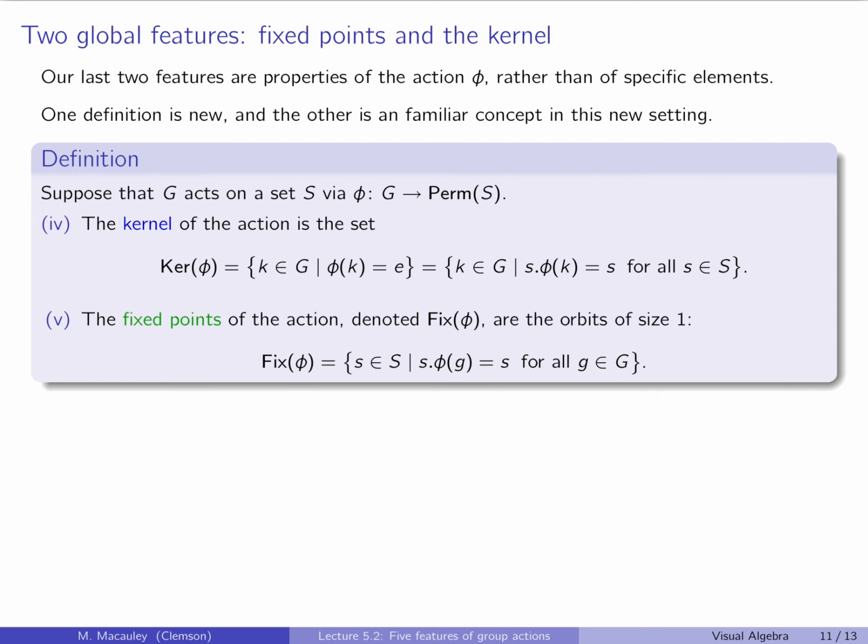The fixed points of the action, which are denoted fix of phi, are the orbits of size 1. So the fixed points is the set of all elements S in the set such that S dot phi of g equals S for all group elements g. Once again, I use capital letters for kernel and fixed points because these are global.